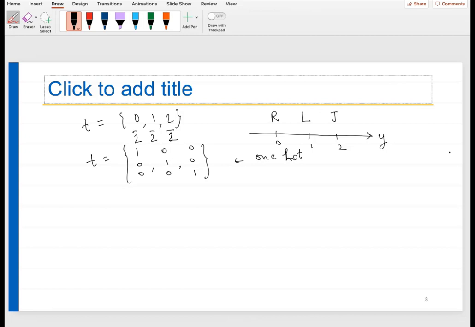And similarly, my jasmine is much more similar to lotus than to a rose. I'll give you an example. Let us say I find a flower which is red in color, so it is like a rose or a lotus, but its shape is somewhere in between. So your classifier is confused. Classifier says, yes, it is not a jasmine for sure, but it might be a rose or a lotus. So what will your classifier return?